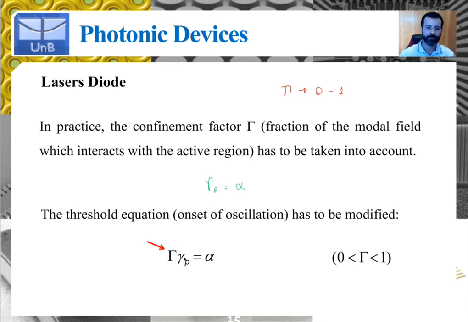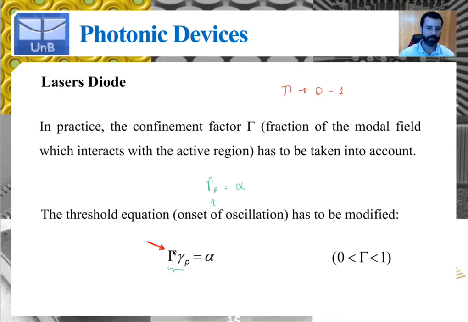We have to multiply it by uppercase gamma, the confinement factor, because this will be the fraction of the field that's actually contributing to gain. The remaining part of the field is of no use with respect to gain.